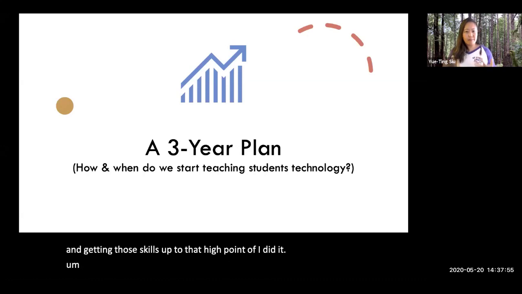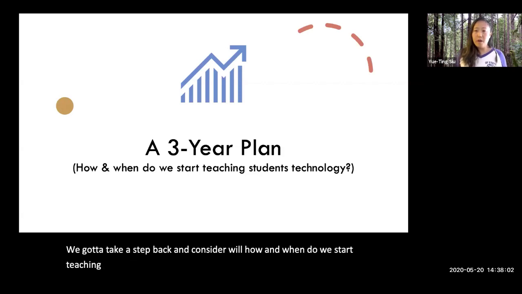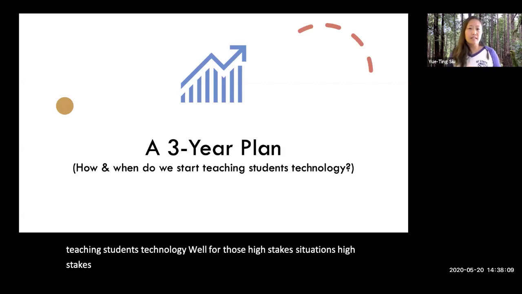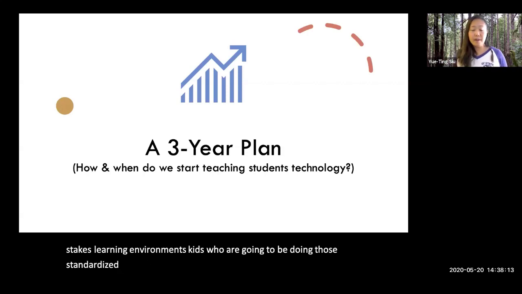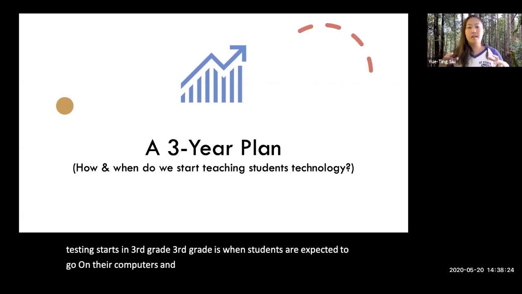we got to take a step back and consider, well, how and when do we start teaching students technology? Well, for those high stakes situations, high stakes learning environments, kids who are going to be doing those standardized testing. In California, where I am, high stakes standardized testing starts in 3rd grade. 3rd grade is when students are expected to go on their computers and take computer-based tests for high stakes standardized testing.